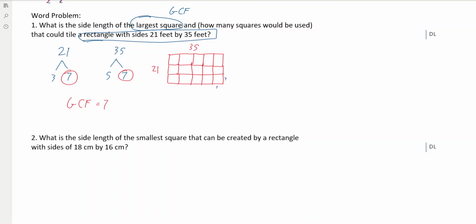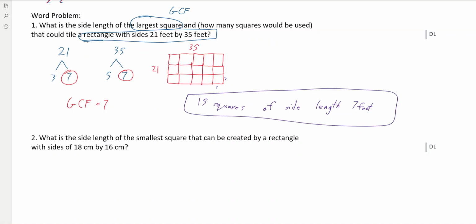Well, 5 times 3, so 15 squares of side length 7 feet. I was going to say centimeters. So this is our final answer. Okay, maybe you can pause the video now and try the second question.